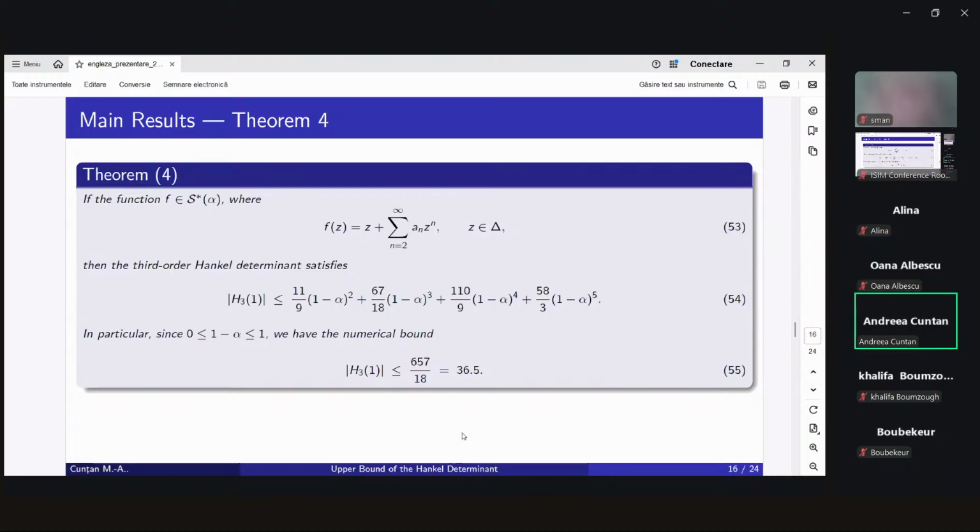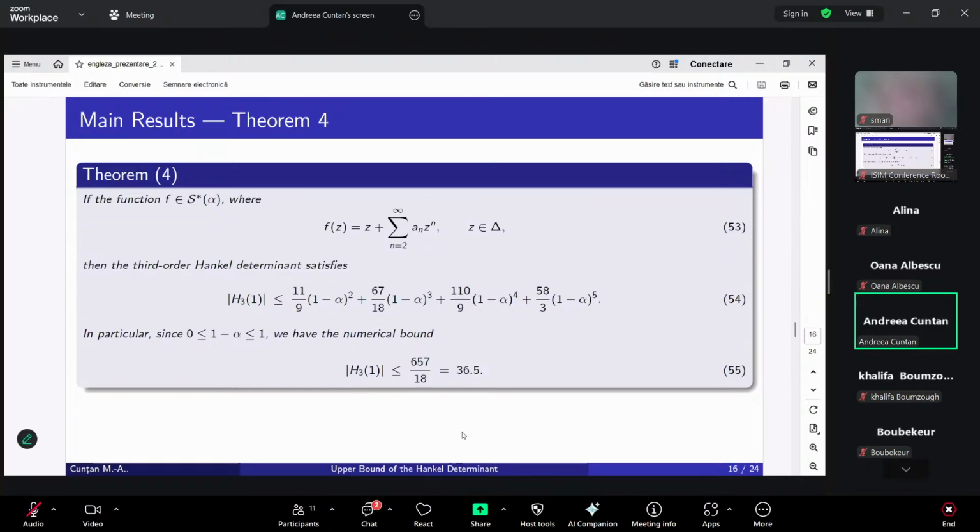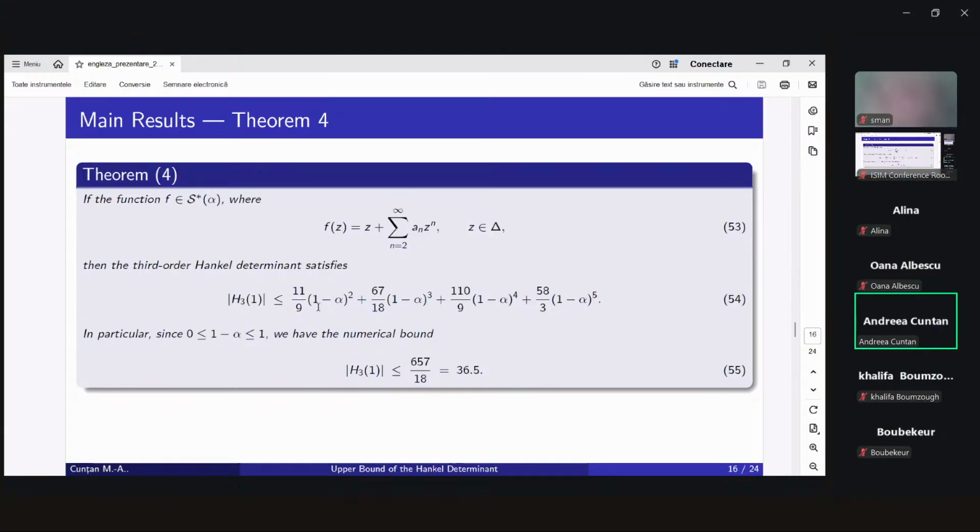If the function f belongs to the star-like class with the relation, then the third order Hankel determinant satisfies the next relation, in particular since 0 is less than or equal to 1 minus alpha, less than or equal to 1.